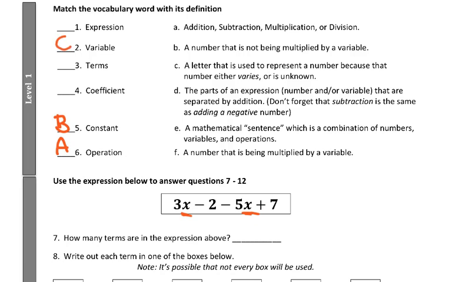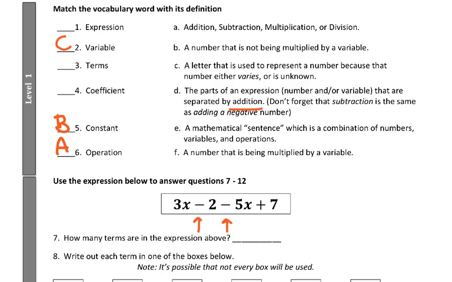Alright, part D. The parts of an expression, the number and or variable, that are separated by addition. And it gives us this weird hint here that says, don't forget that subtraction is the same as adding a negative number. Now the reason why I gave you that hint is because if we look at that expression here, I see 2 subtraction signs. But in the definition, we're trying to find the parts that are separated by addition.